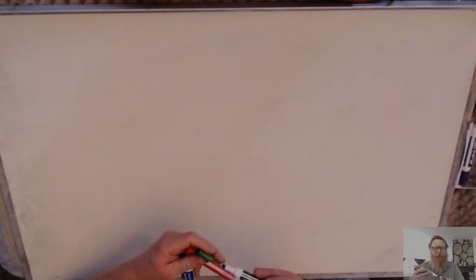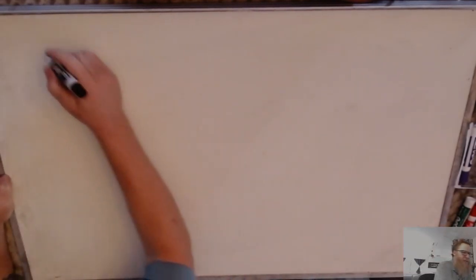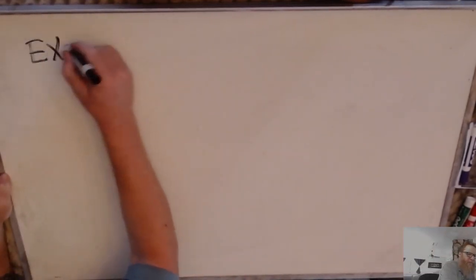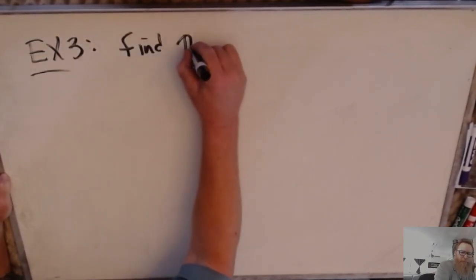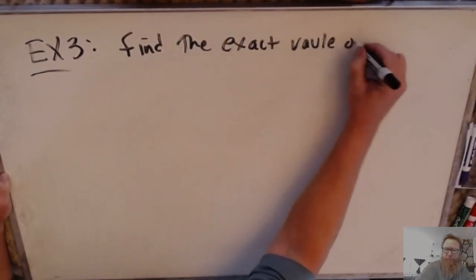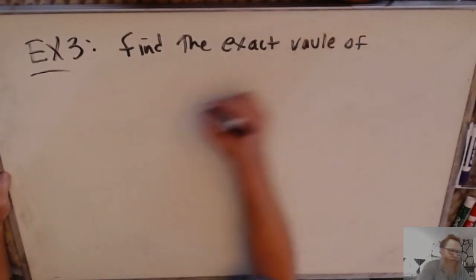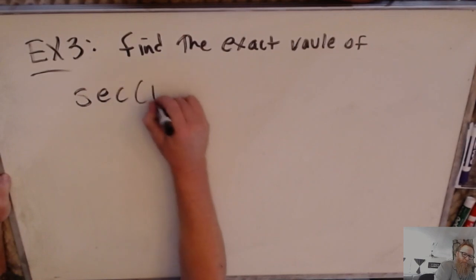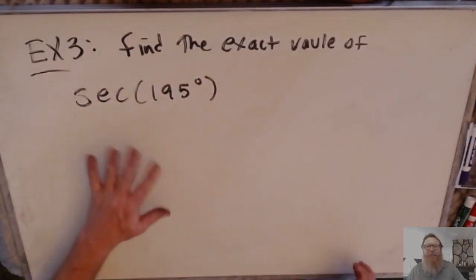Last call. Well, we did cosine. You actually don't have a formula for secant. There is a formula for secant.